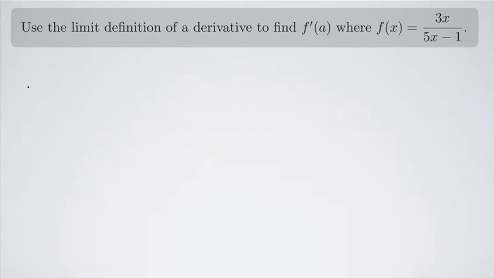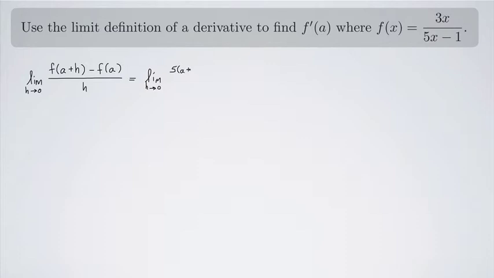Okay, so the second definition looks like this. We have the limit as h approaches 0 of f of a plus h minus f of a all over h. So let's plug in. That means everywhere you see an x, you replace it with a plus h.